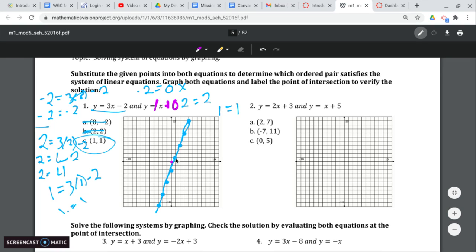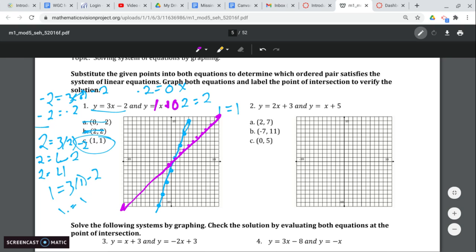We go up 1 over 1, up 1 over 1, so on and so forth every single time. And so here would be our line. Our point 1, 1 is right there.